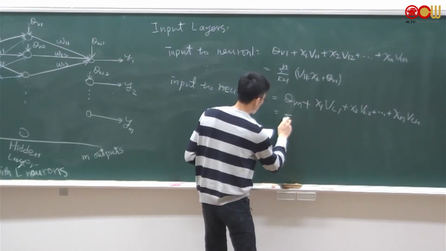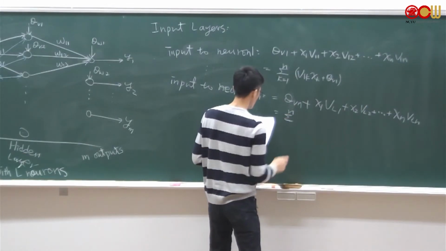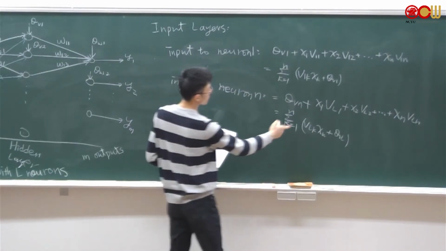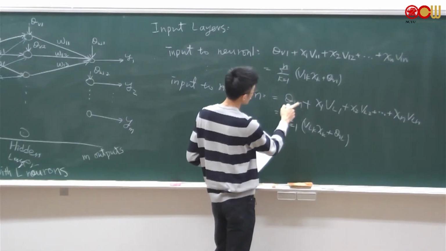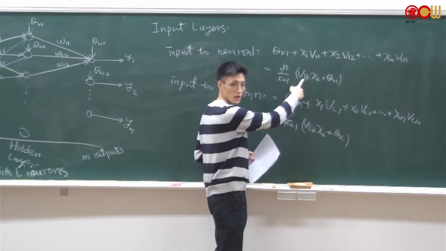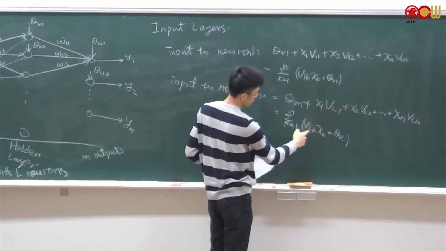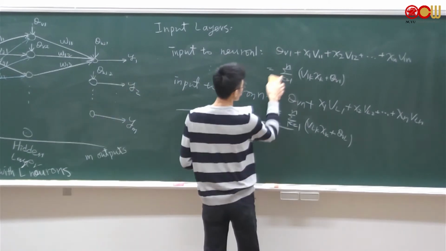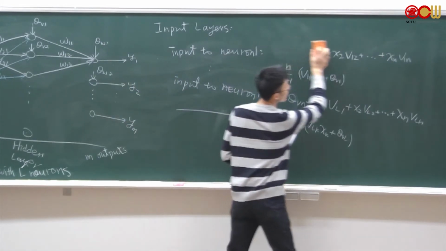So again, it can be condensed down to this form. The only difference compared to the first neuron is this subindex. Here's a 1, here's L. Okay? So I just keep this, erase this.